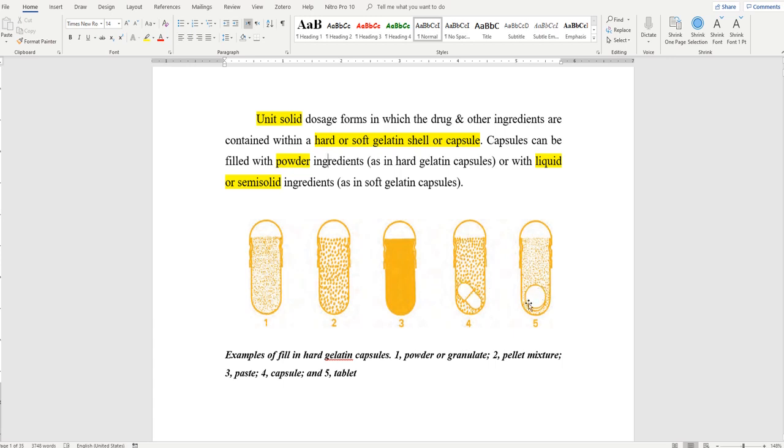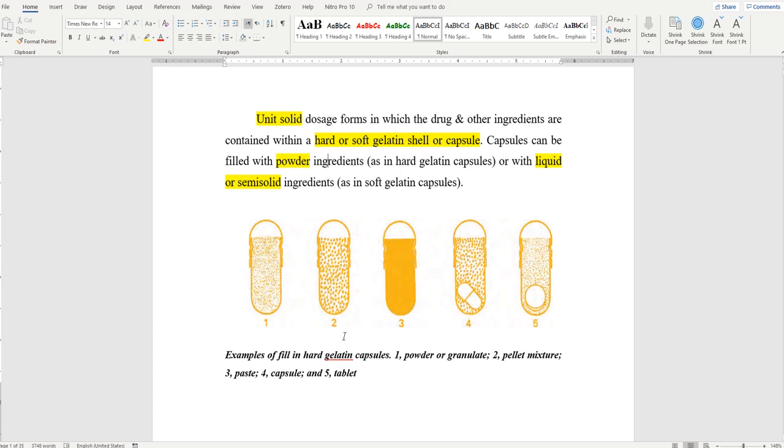It can be filled with a small tablet, so I can put a small tablet inside the hard gelatin capsule. Even liquid, you can do that, provided that you can prove that this liquid, number one, does not interact with the shell. Number two, it doesn't leak, because a liquid can leak from the spaces between the cap and the body.